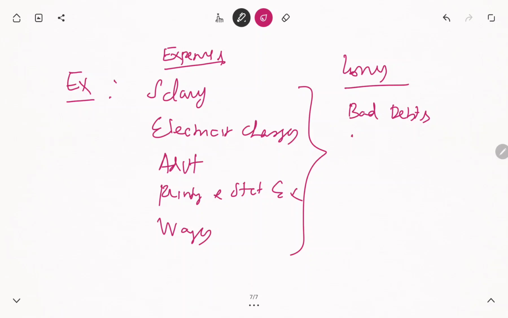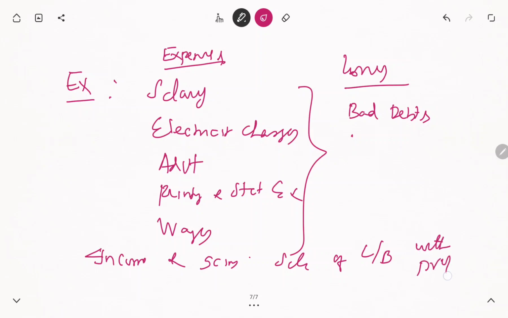And then next one, incomes and gains. Sale of land and building with profit, dividend receipt, rent receipt.